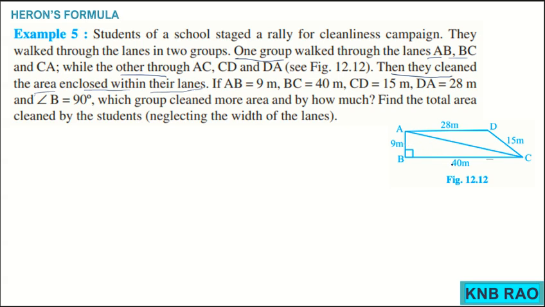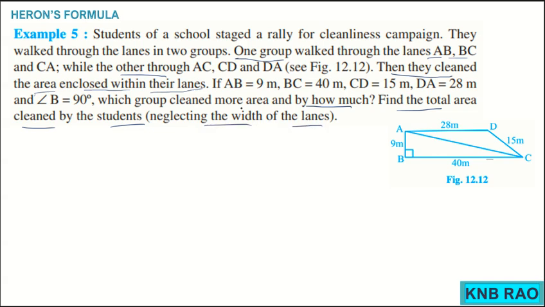So definitely you know how to find AC length using Pythagoras theorem, okay. Which group cleaned more area and by how much? Find the total area cleaned by the students, neglecting the width of the lanes.